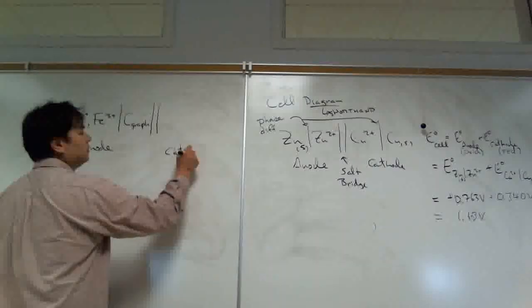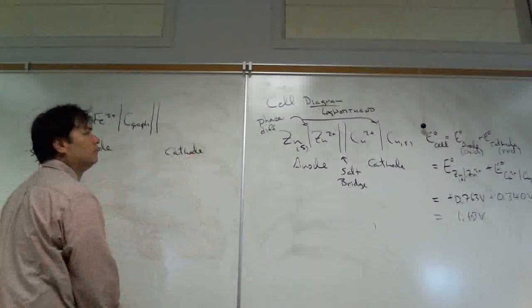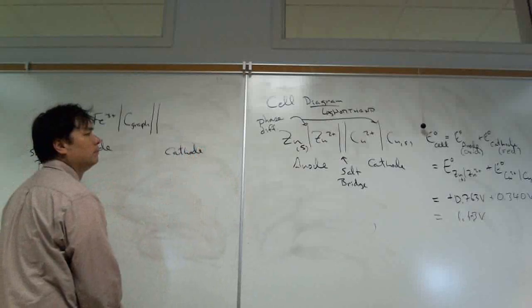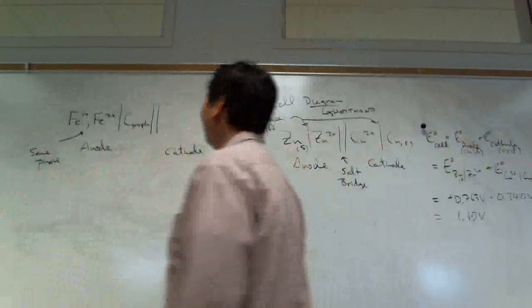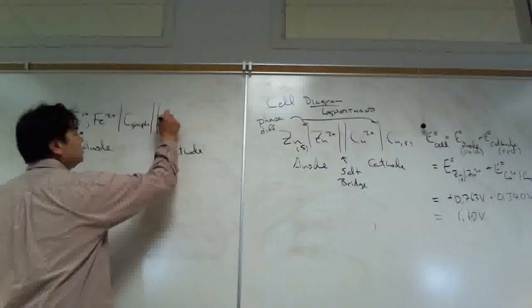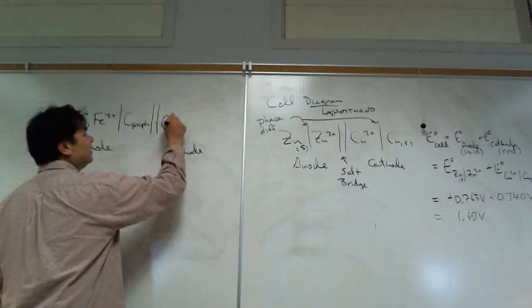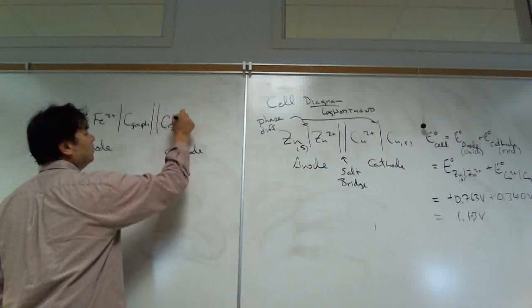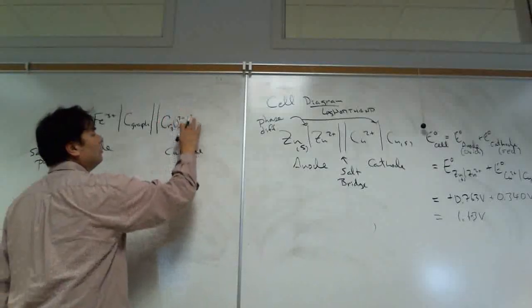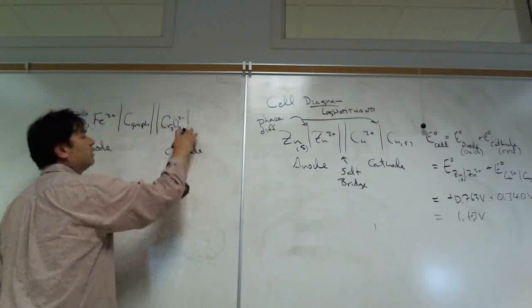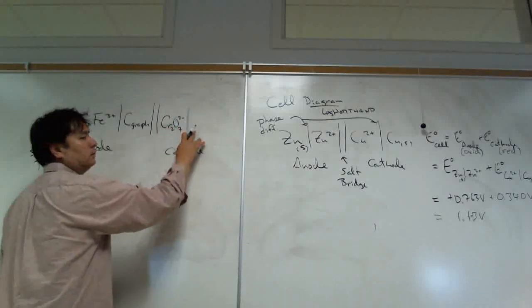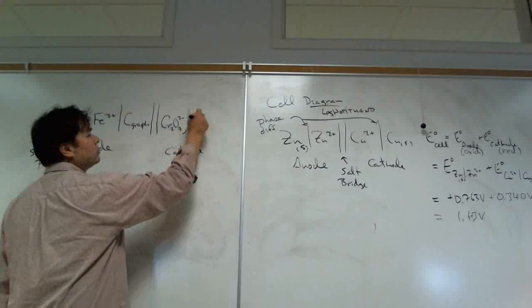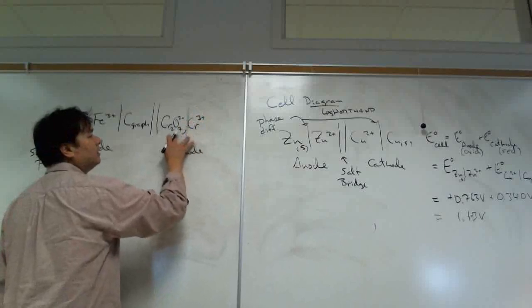What was the cathode? Yeah, what did we have? We had dichromate. Do I use a vertical bar or a comma between dichromate and chromium 3? A comma. This goes to chromium 3, and then what?